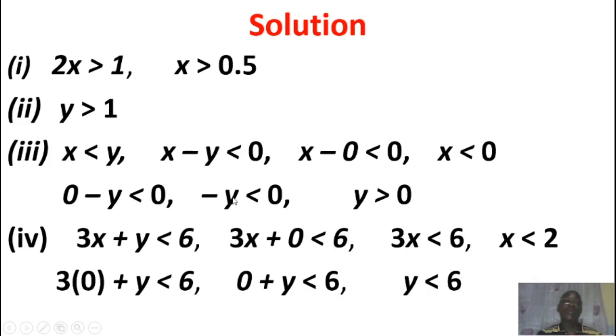However, minus y being less than 0, recall what we said, that whenever we are dividing by a negative number or when the coefficient of the variable becomes negative, in order to make it positive, the sign of inequality must reverse. So here we shall be dividing by minus 1, which reverses the sign of inequality from less than to greater than, showing that y is greater than 0, if minus y is less than 0.